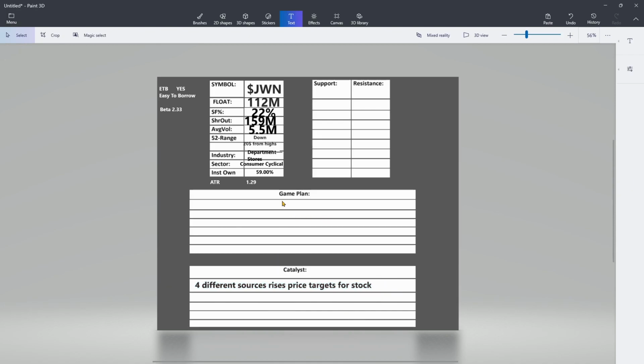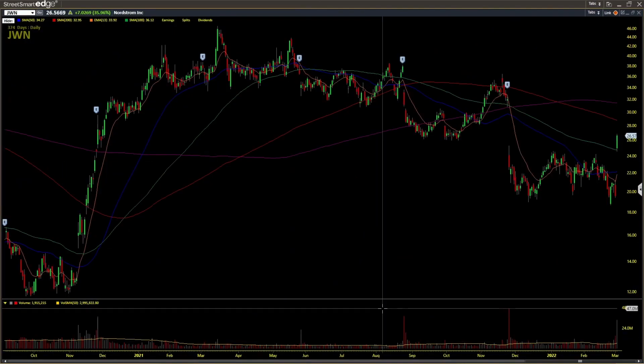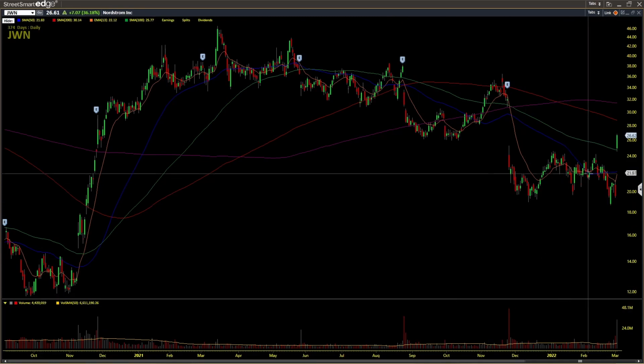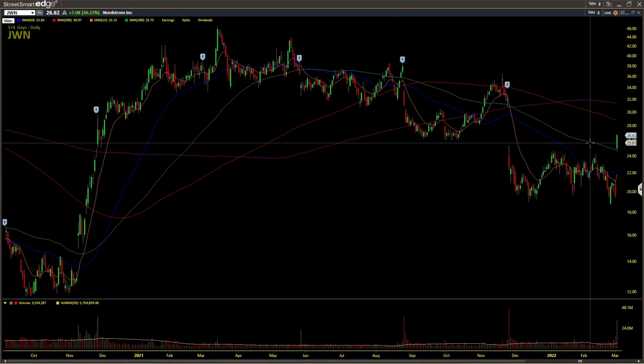Now we got a game plan: support, resistance. So this morning pre-market, I would be looking at this. I'd look at the daily chart and ask myself, is it above all of its moving averages or is it below all of its moving averages? The only thing that I see right now, it's just above its 50 and 100 day moving average. I see that the 100 day is at 25, so I would remember that.